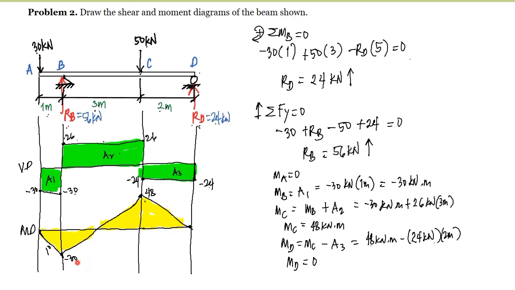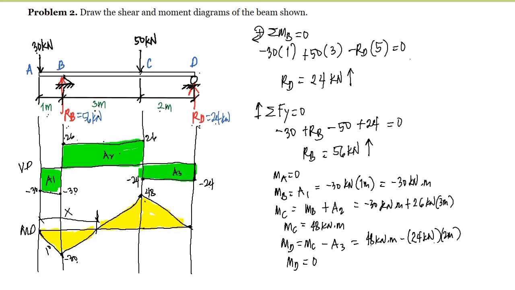Negative moment is negative 30 kilonewton meter, found at the location of the zero shear here. Now, in order for us to compute for the distance of the point of inflection here to point A, we'll call this distance x.